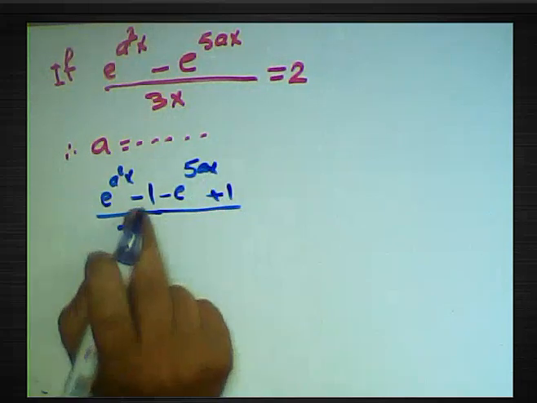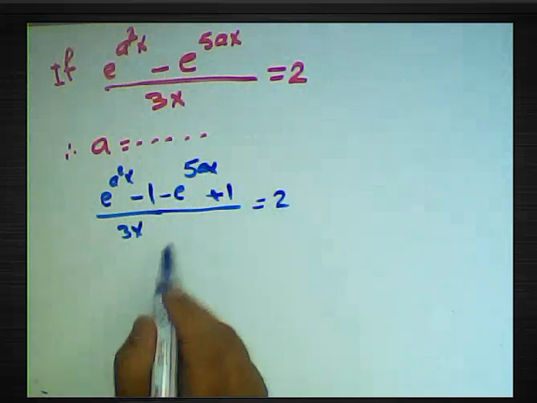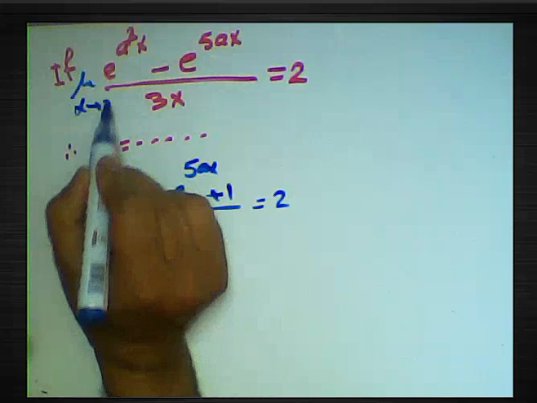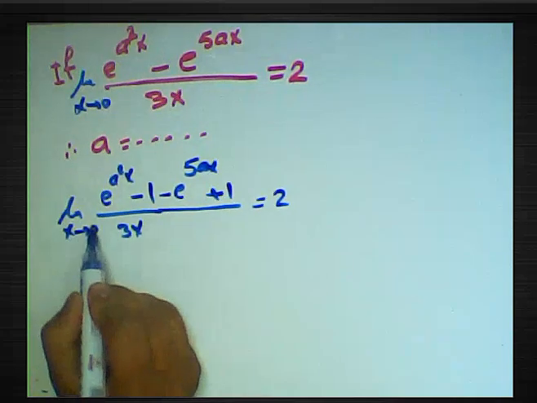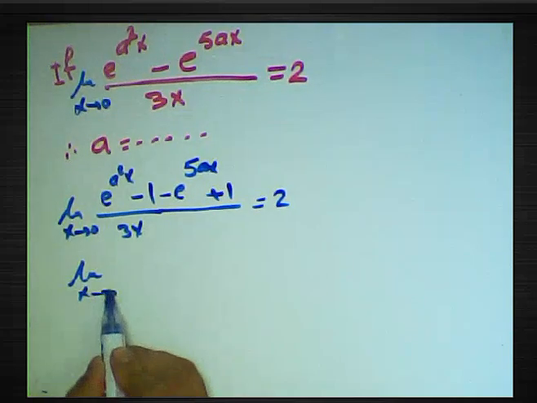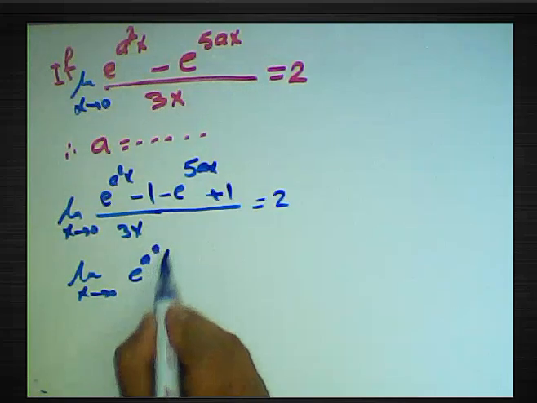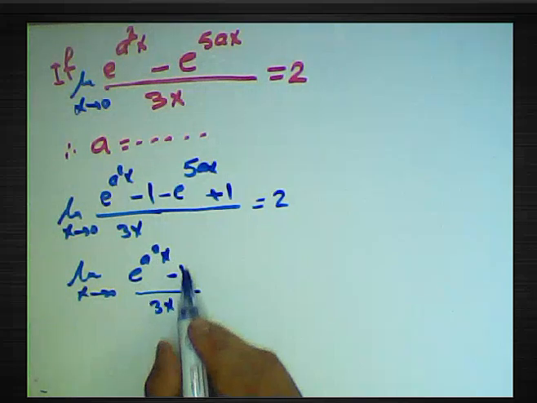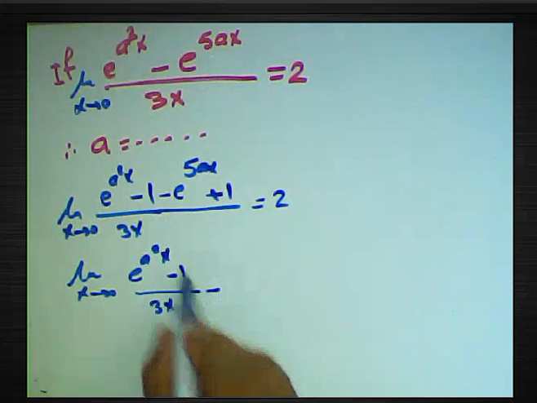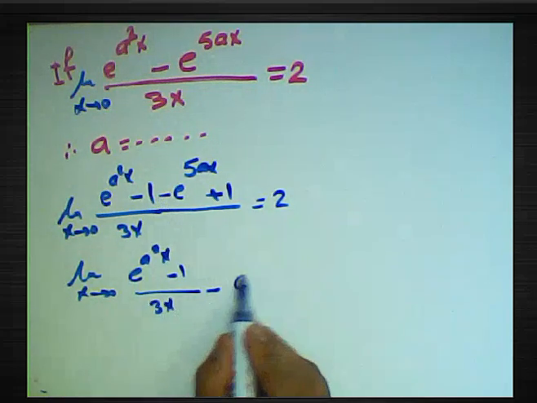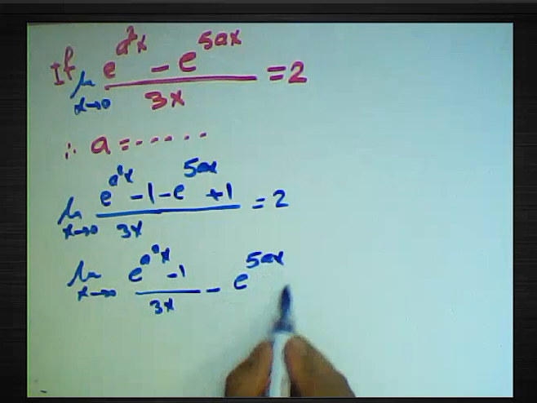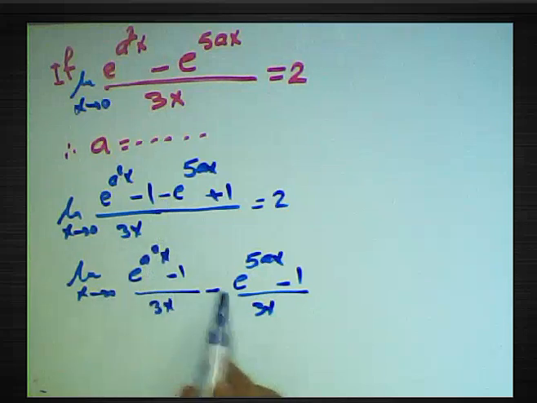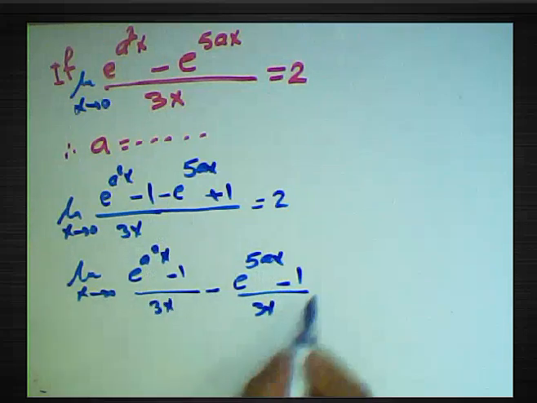I add 1 and subtract 1 in this example to find the rule. You take the limit x approaching 0. We can find the result here, (e^(2x) minus 1) over 3x, and here we can write negative (e^(5ax) minus 1) over 3x, because negative times negative equals positive.